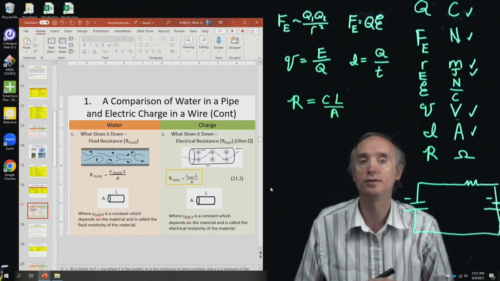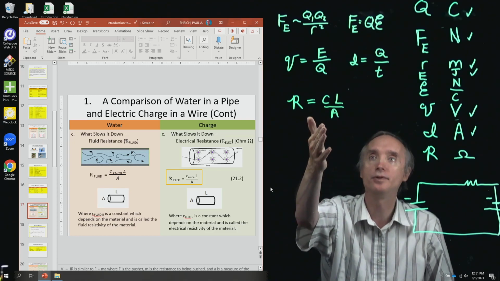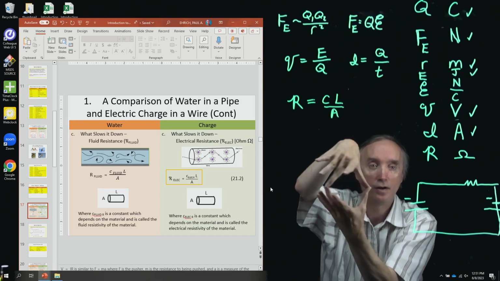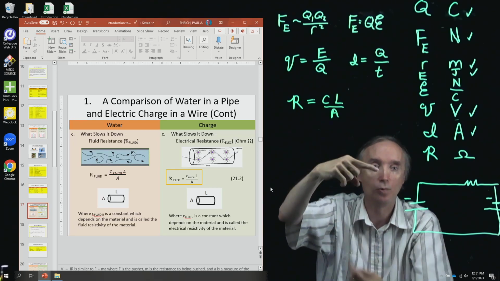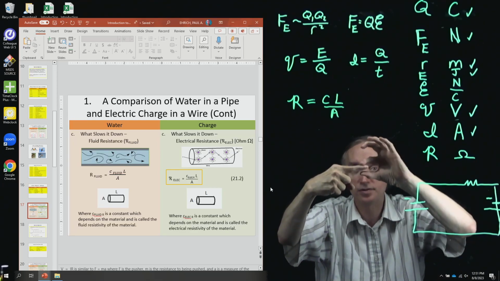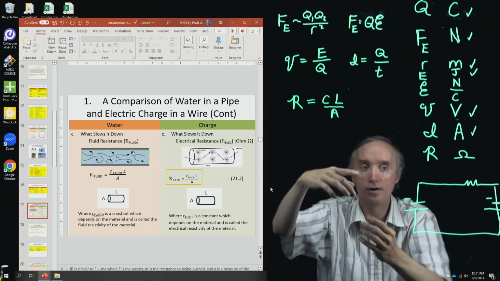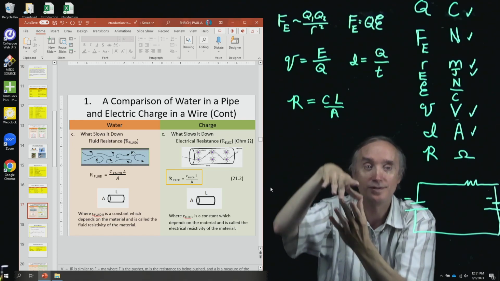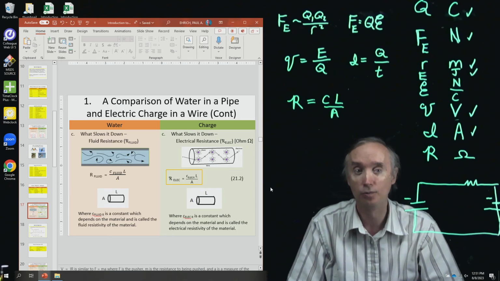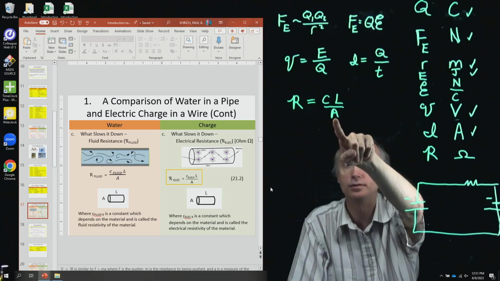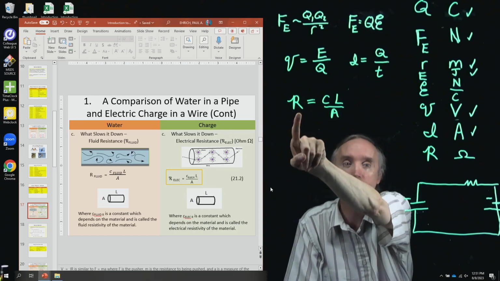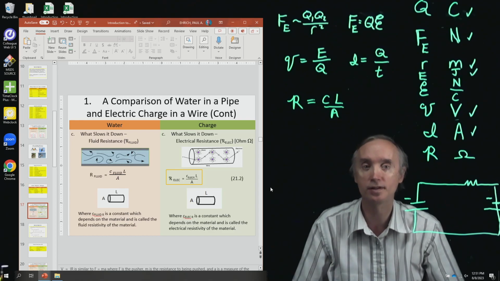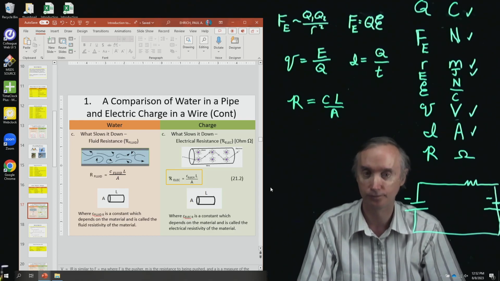So I could ask you on the exam, what would happen if I increase the thickness of a wire? The wire was initially this thick, and now it's this thick. What would happen to the resistance of that wire? Well, we're making the A big, so that means the R gets small. So it would decrease the resistance. That's the kind of question I would ask you.